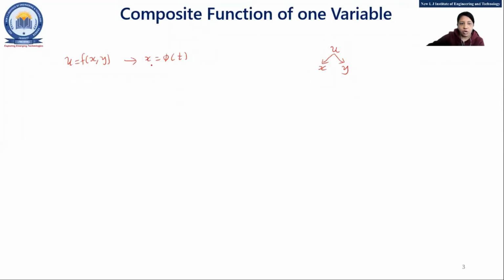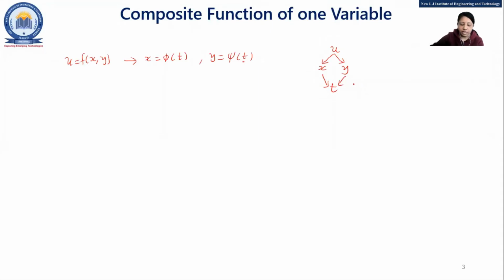What is the meaning of this? X will depend upon only one variable t, and y equals chi of t. That means x and y both depend upon the one variable, that is t. Clear? This is the representation in expression.